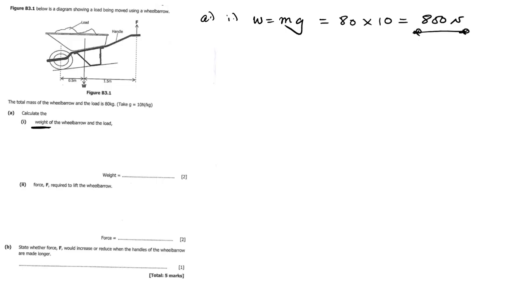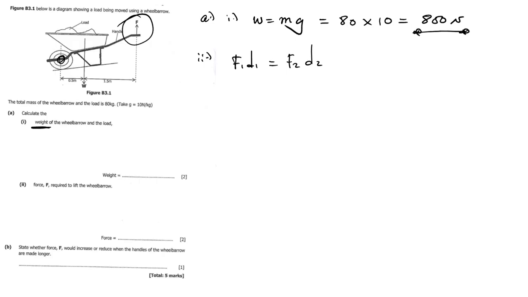Now, part 2 says that we need to calculate the force F required to lift the wheelbarrow. So we're calculating this force. Now, how do we find that particular force? This is the pivot in question. Force 1 times distance 1 is equal to force 2 times distance 2.